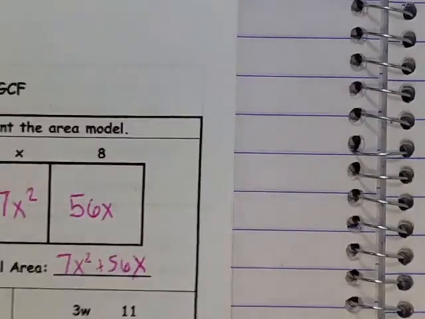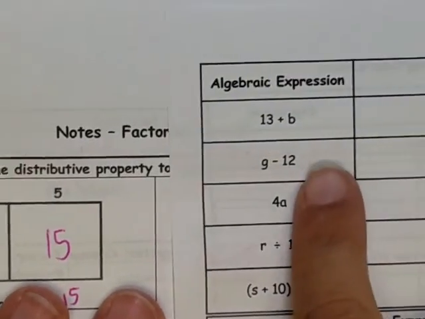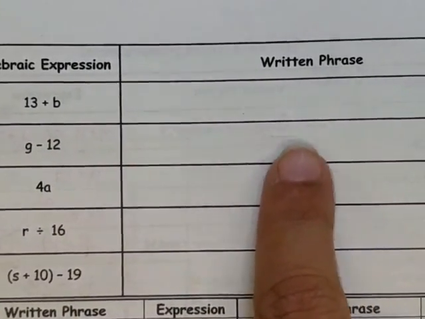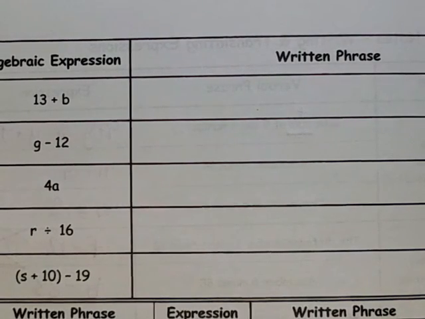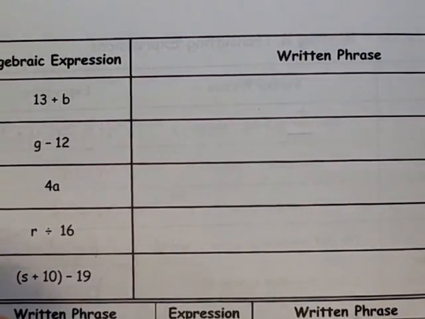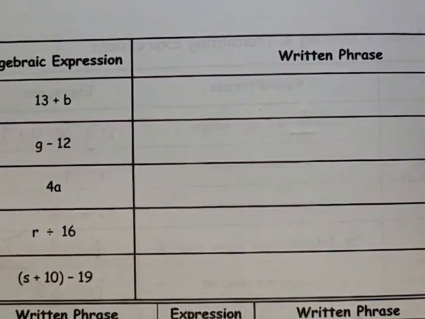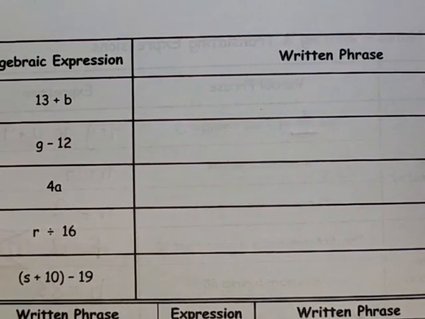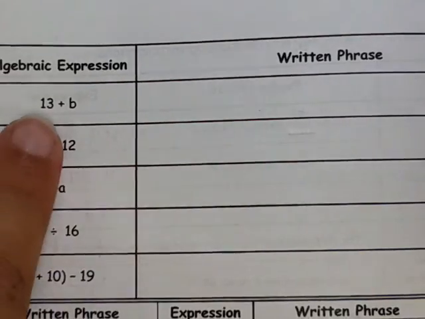All right. Now they're giving us the algebraic phrase, and we're going to write it as the written phrase. There are different ways you can say it. It honestly doesn't matter to me which way you say it, as long as when it's written it makes sense and I could change it back to the given.